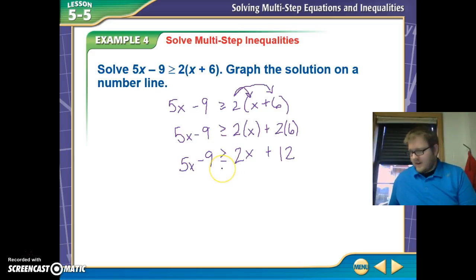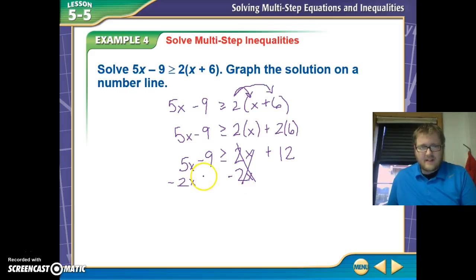Let's get all of our like terms on the same side as one another. So that means everything with an x I will bring to the left. Notice I'm subtracting the smaller number, so I end up with a positive on this side. So it's 2x. And then now let's add the 9 on both sides. It won't always work out where you can have positives on both sides, but when you can, it just makes life easier.